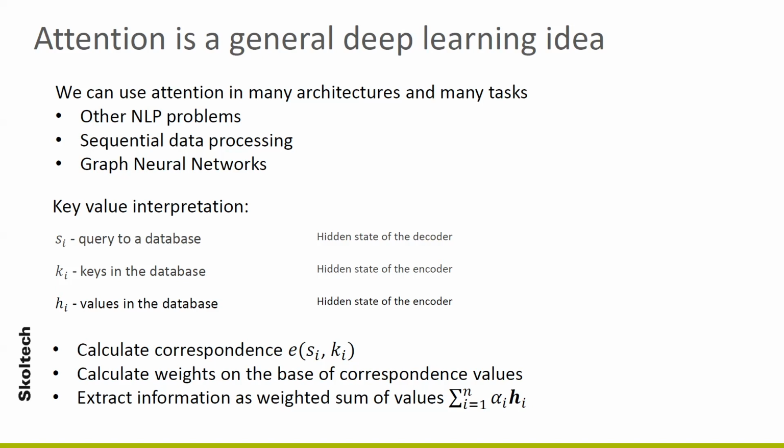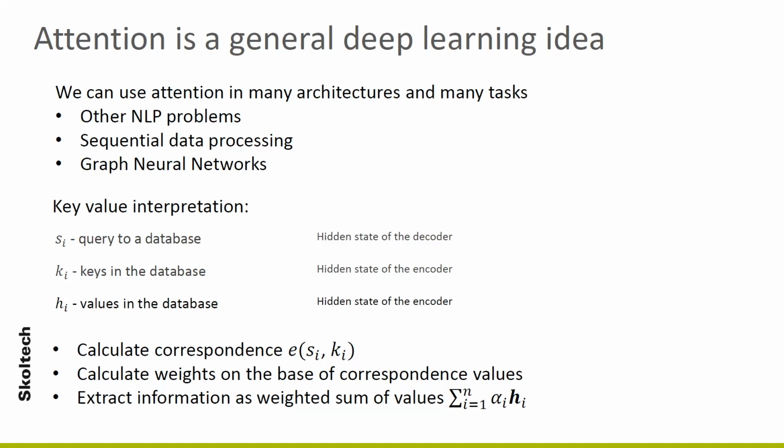And if we look at this problem from a more general point of view, we have this key-value interpretation of attention. So we have some query to a database. For a sequence-to-sequence model, it is a hidden state of the decoder. Then there are some keys in the database, which for a sequence-to-sequence model are hidden states of the encoder, and some values we want to extract, which are also hidden states of the encoder. Then we calculate some correspondence between the query and the key, so how connected this query is to a particular key.